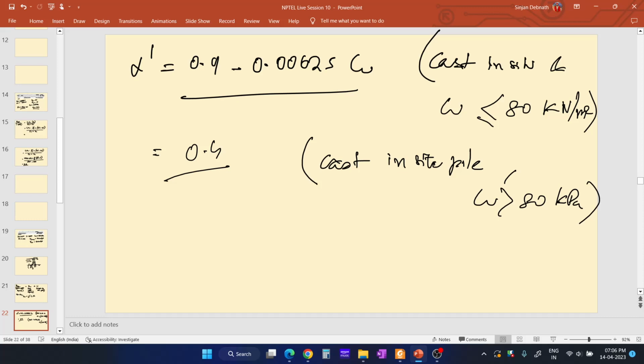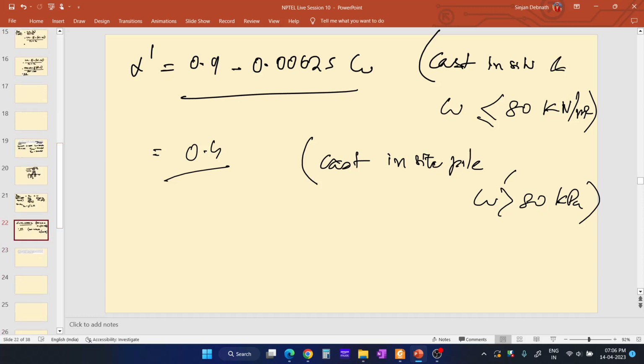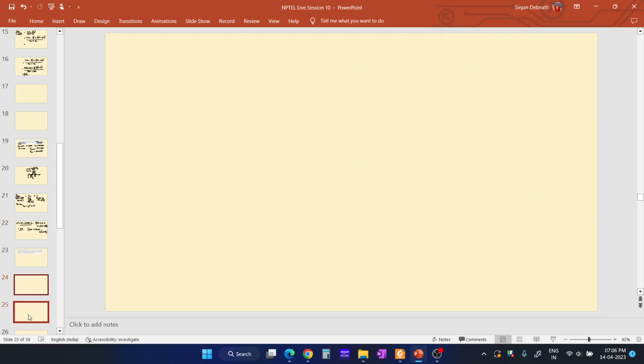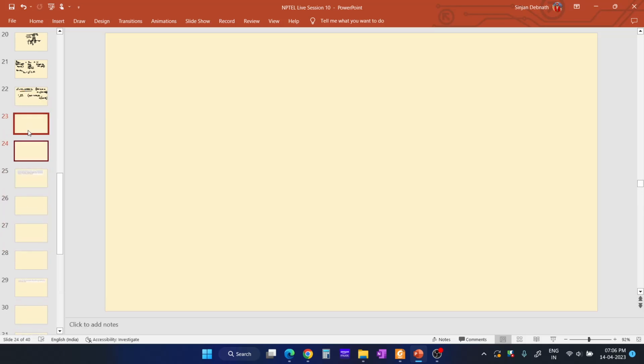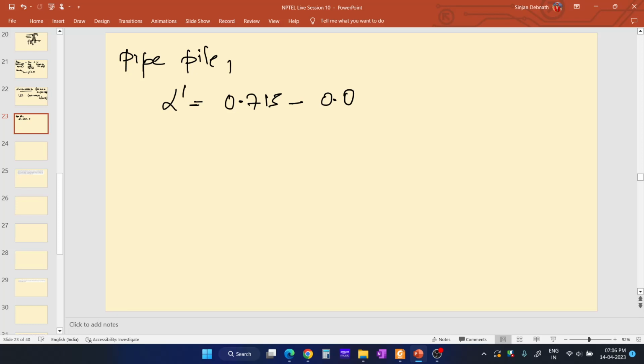And another thing is that if the pile is a pipe pile, then alpha dash is equal to 0.715 minus 0.0191 Cu, and this is applicable when Cu is less than or equal to 27 kPa.